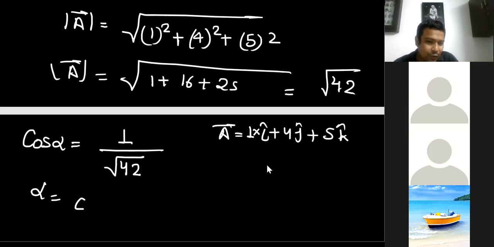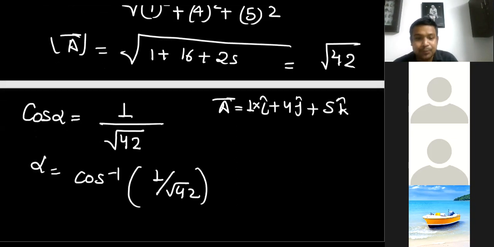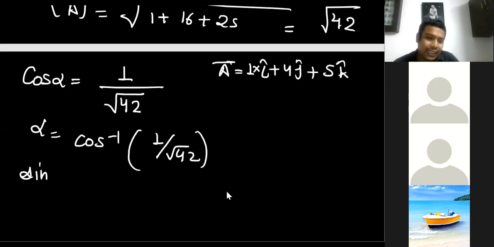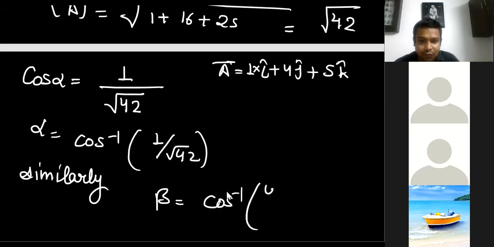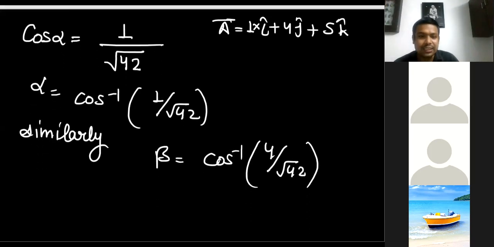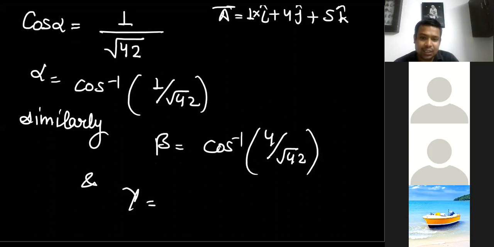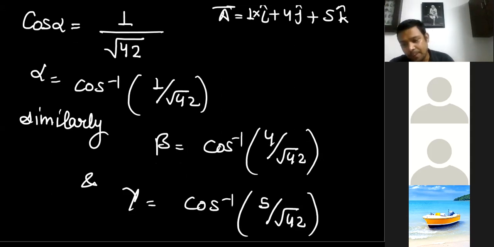So alpha is equal to cos inverse of 1 upon the square root of 42. Similarly, beta is cos inverse of 4 upon the square root of 42, and gamma is cos inverse of 5 upon the square root of 42. Clear, my dear friends?